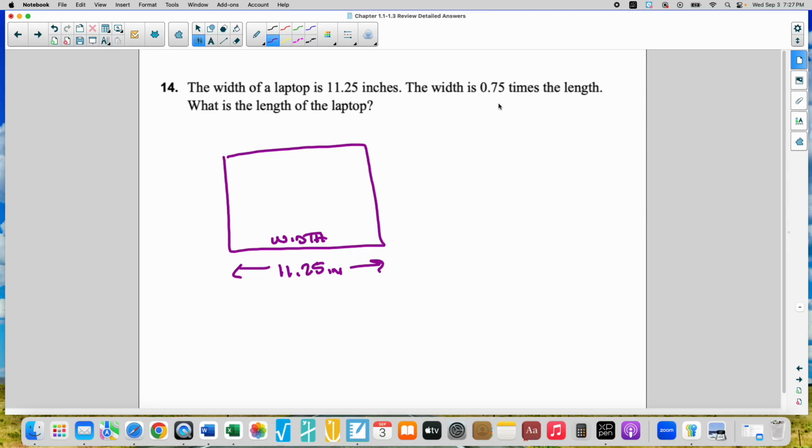So if our length, let's change that, sorry. Let's make the width over here. So this will be the width, and this will be the width, because length kind of goes this way. So our width is 11.25 inches, and we'll make this the length, because that kind of makes more sense.